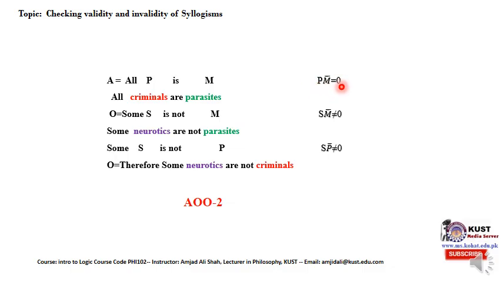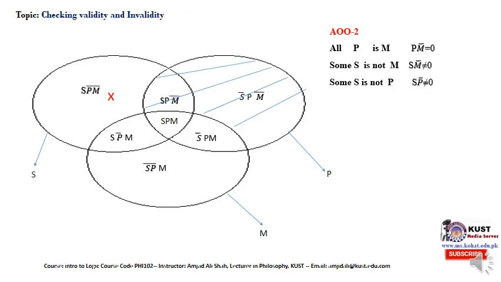If you have a problem, you can check the previous lecture, because I have shown the diagrammatic representation of all four categorical propositions and the possible combinations of the middle term, major term and minor term with the changing position of the middle term. So we have a diagram.